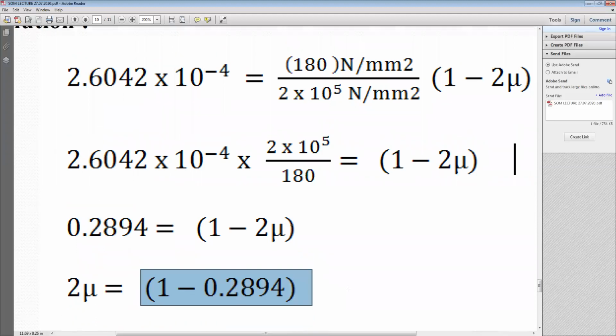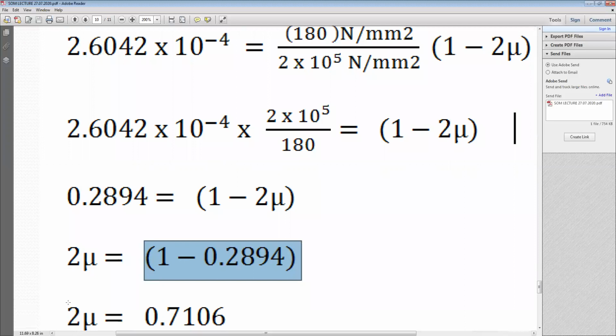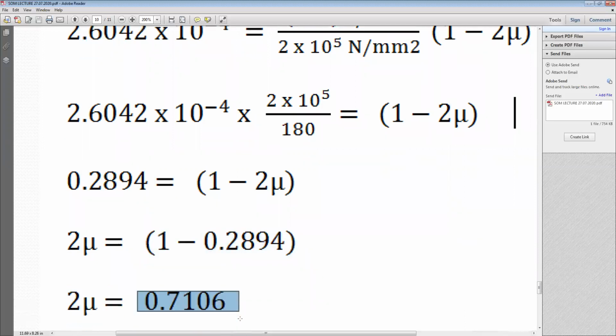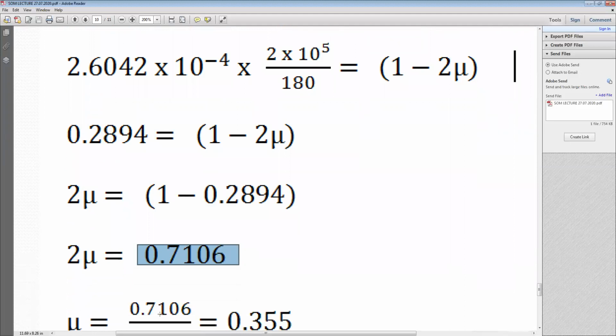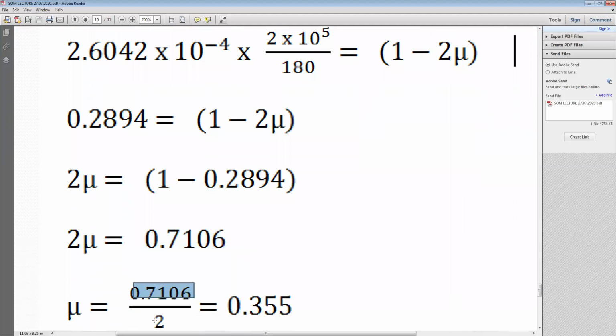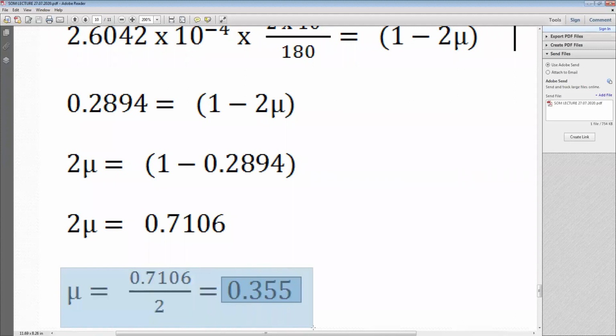Please carry out this value and divide it by 2 to get mu. Okay, so 2 mu is equal to 0.7106. Now what is the value of mu? Mu is equal to 0.7106 divided by 2. We get 0.355. This is nothing but mu. So please carry out the value of mu by using your calculator. 0.7106 divided by 2 is equal to 0.355, which is the value of mu.